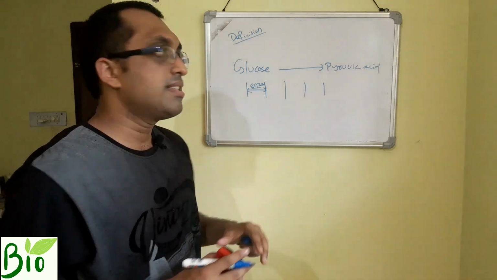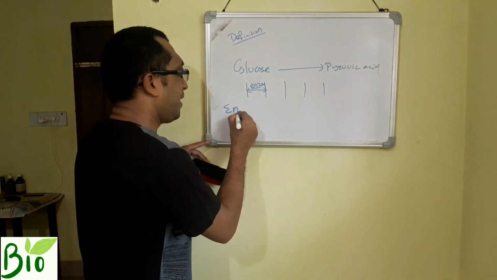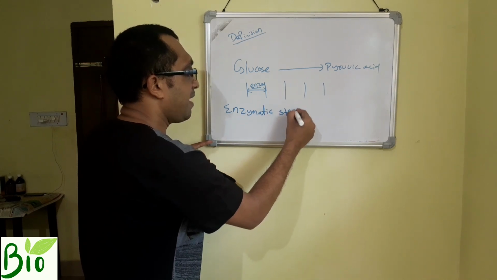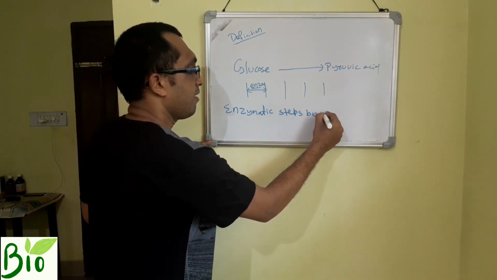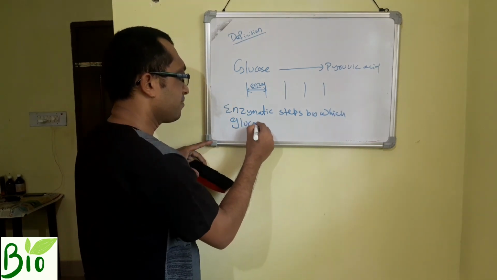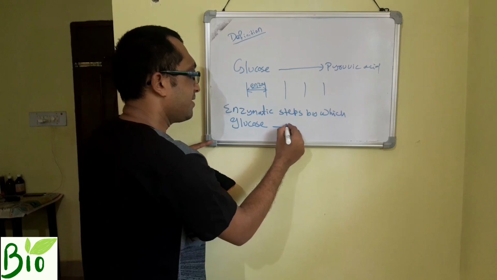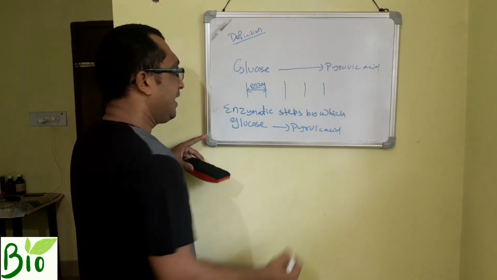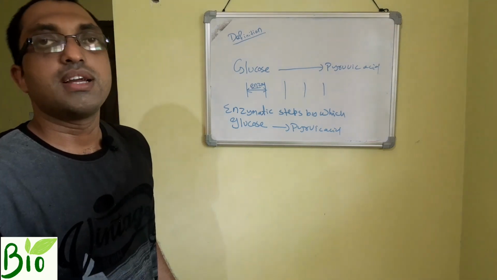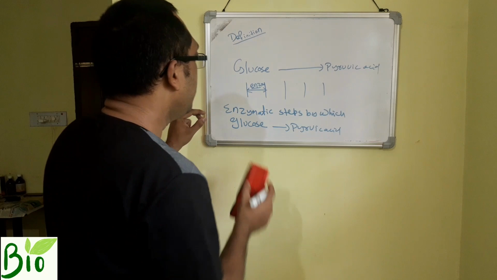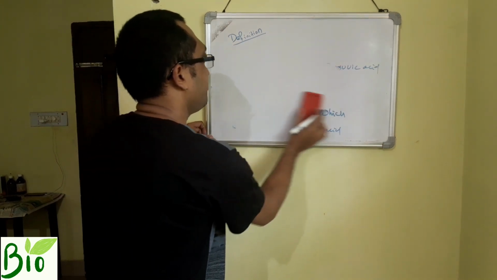So the definition is: the enzymatic steps by which glucose converts to pyruvic acid are called glycolysis.